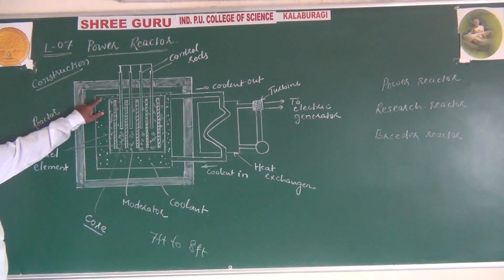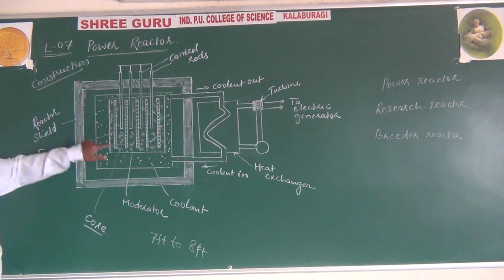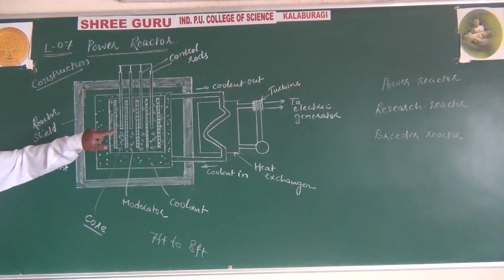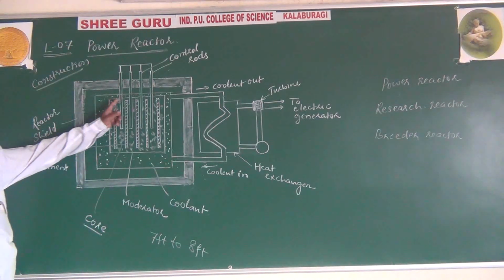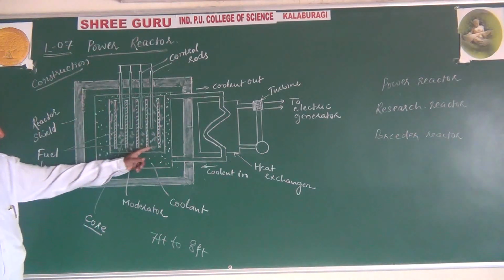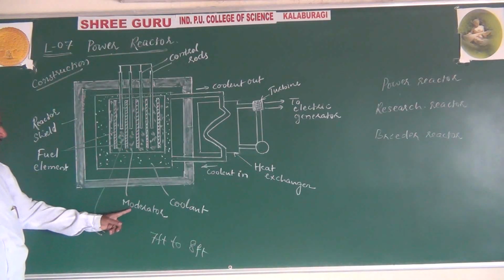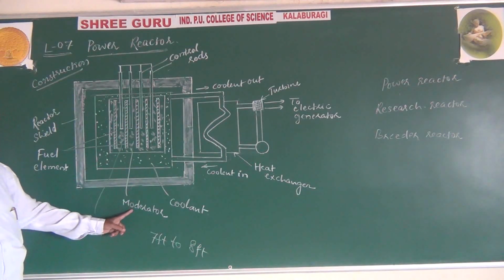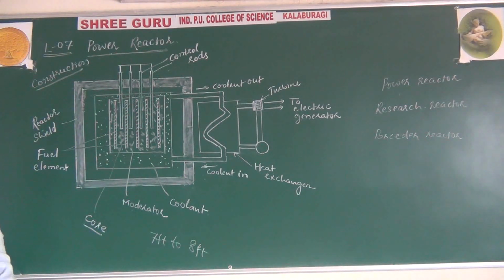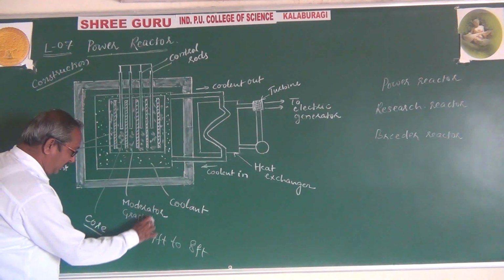And here, the inner part is the coolant, which is used to remove the heat from the reactor. Then here is the core of the reactor, and the core is filled with a moderator made of either heavy water or graphite.